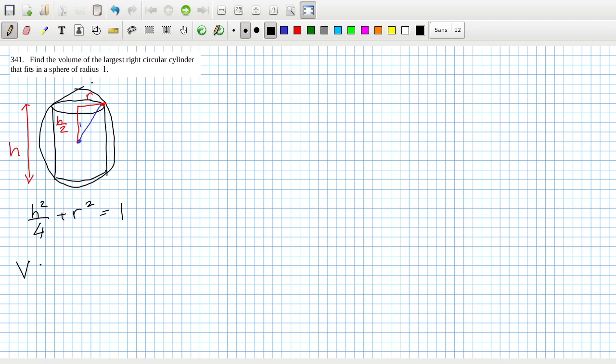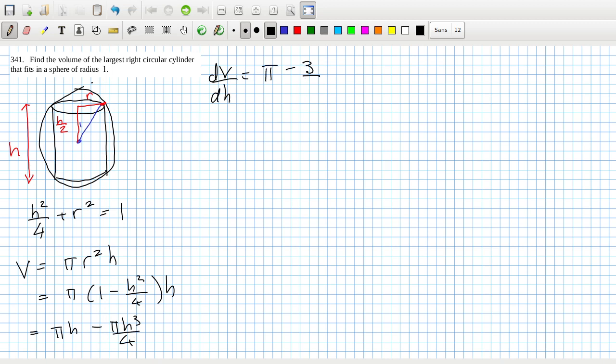And the volume is pi r squared h. So that would be pi times (1 minus h squared over 4) times h. So that would be pi h minus pi h cubed over 4. So dV/dh is pi minus 3/4 pi h squared, which needs to equal 0.